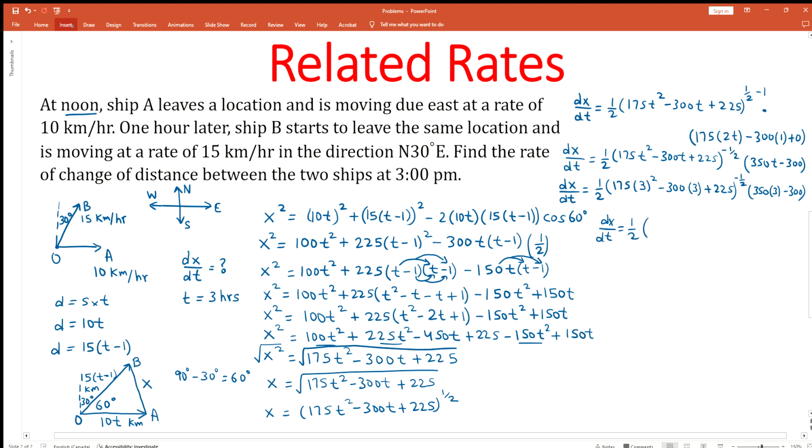Three squared is 9. 175 times 9 is equal to 1575.